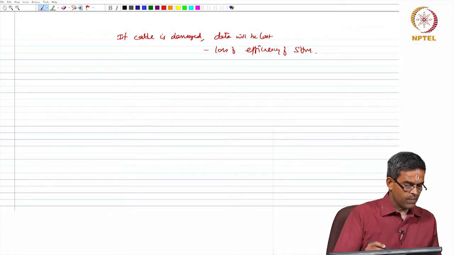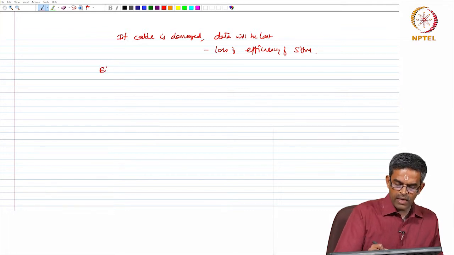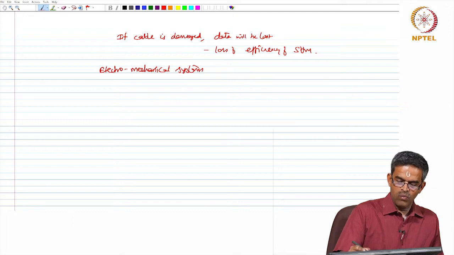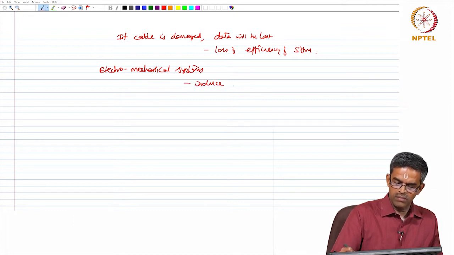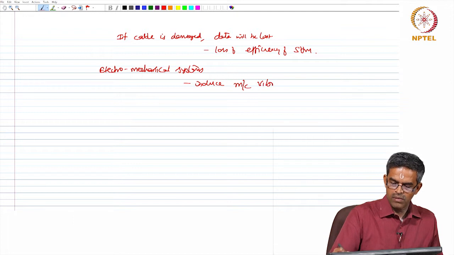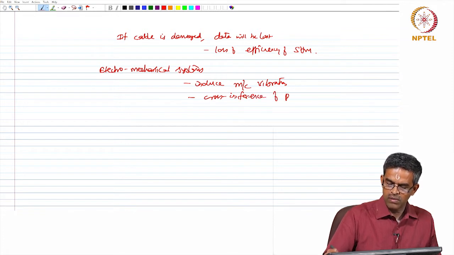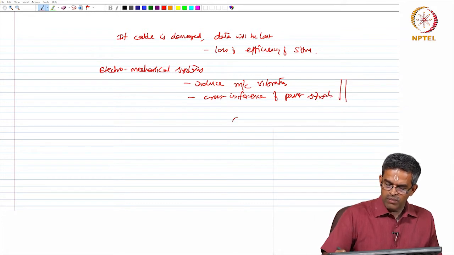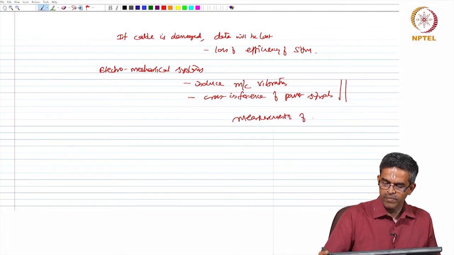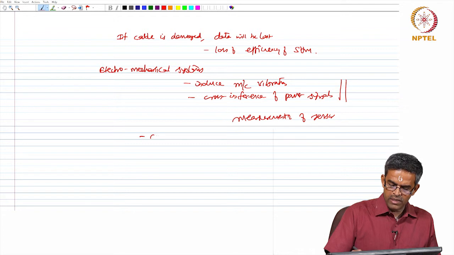Further, the electromechanical systems which induce machine vibration, which induce cross interference of power signals with that of the measurements of the sensor, created additional complexities.